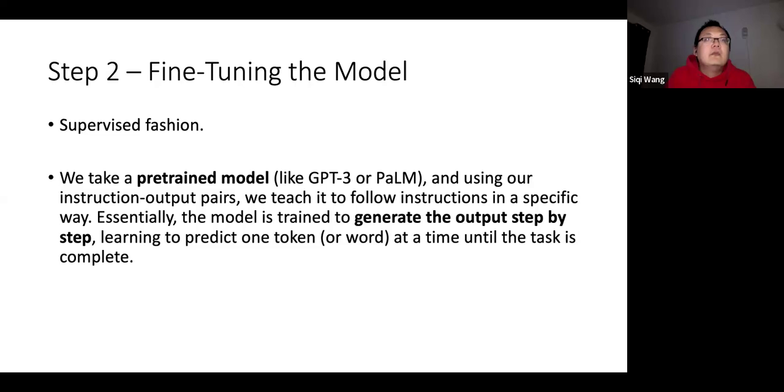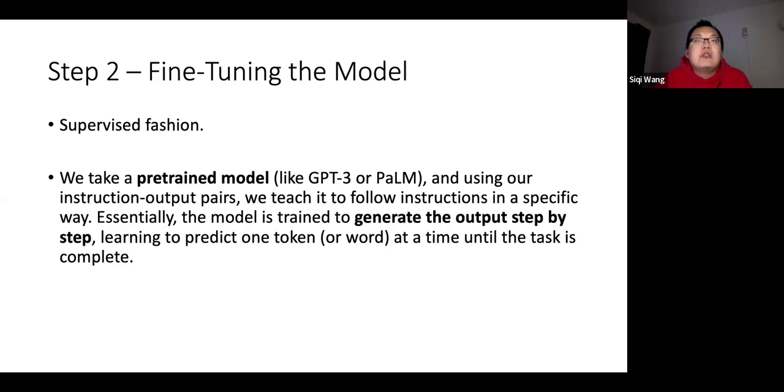Once we have a dataset, the next step is fine-tuning. This is where the magic happens. The model is trained in a supervised fashion, which means it learns to predict the correct output for each given instruction. We take a pre-trained model like GPT-3 or PaLM, and using our instruction-output pairs, we teach it to follow instructions in a specific way.